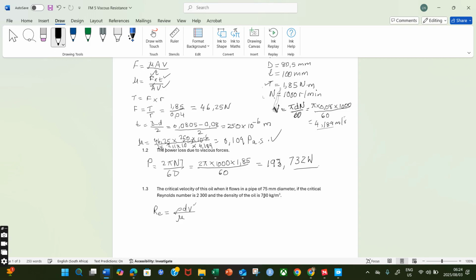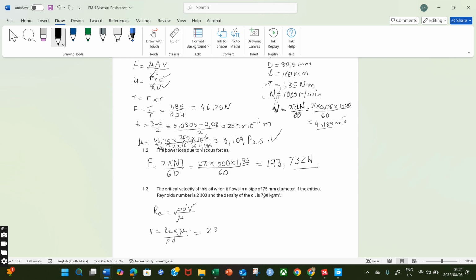This is the flow velocity of the oil when it's now flowing in a pipe. When we manipulate this formula, we say V is equal to Re multiplied by the coefficient of viscosity over the density multiplied by D.